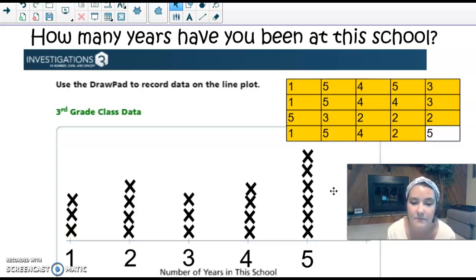So take just a minute and analyze the line plot. As you are analyzing, think about, what does the X's stand for? What does each of the X's stand for?